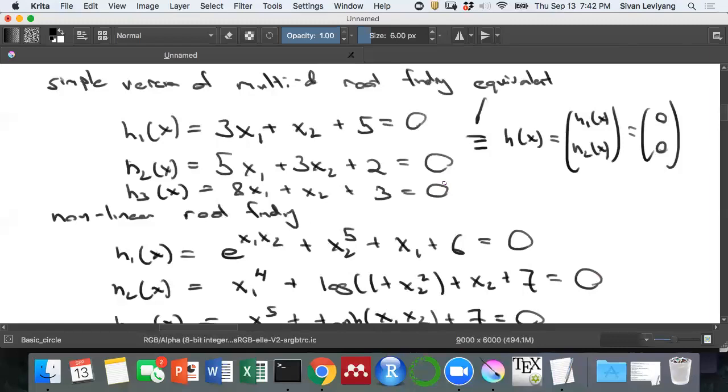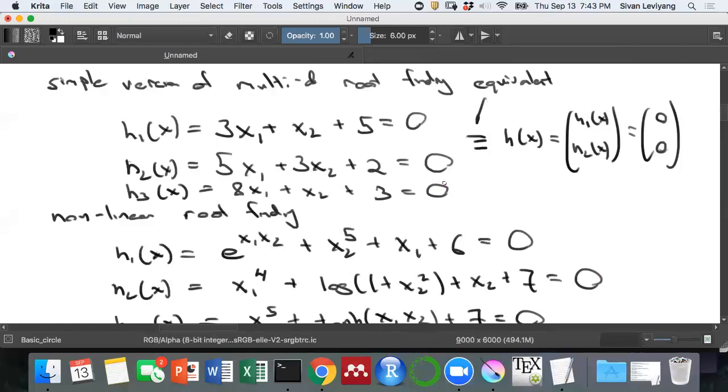Well, what if I want all of them? Yeah, there's no solution, usually, right? So in general, I cannot satisfy 3 equations with 2 unknowns. And if I only gave you that h1, what would you tell me then? Yeah, there's infinitely many solutions, right?